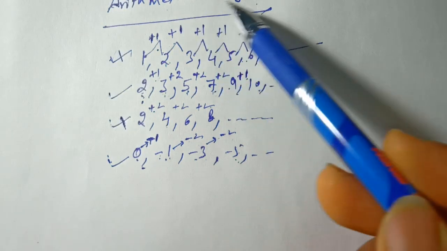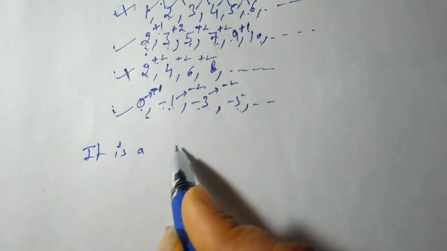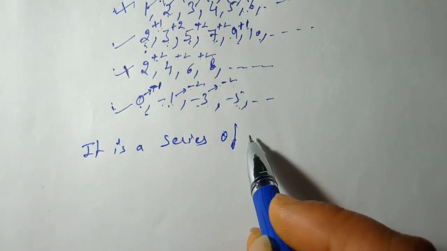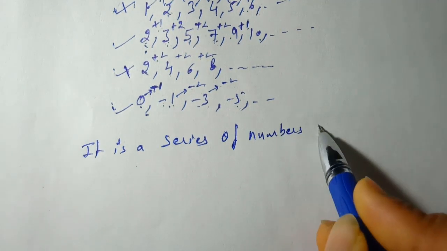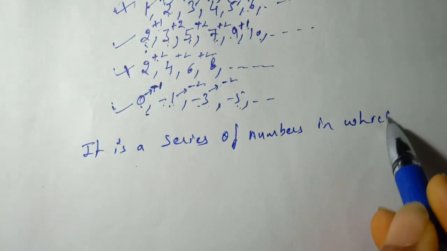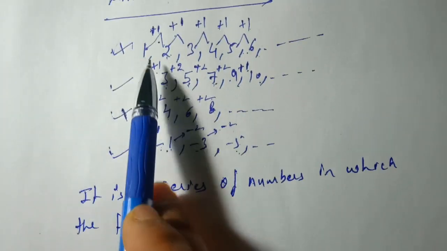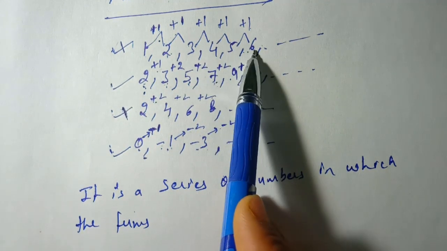So we can define arithmetic progression as, it is a series of numbers. We have a series of numbers or sequence, series or sequence, we can say anything. It is a series of numbers in which the terms, all these will be called as terms: first term, second term, third term, fourth term, fifth term and sixth term.